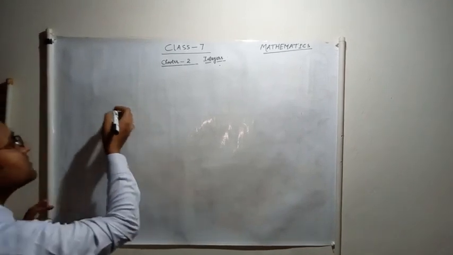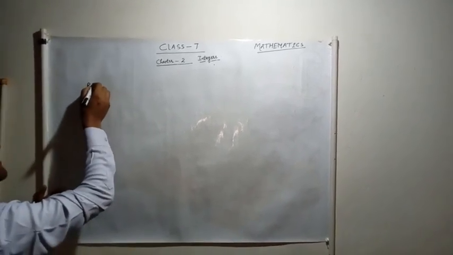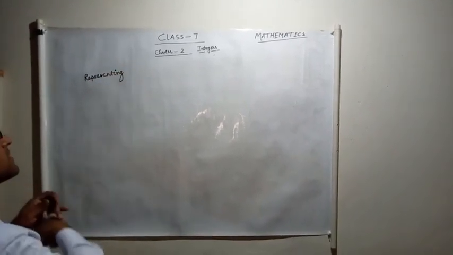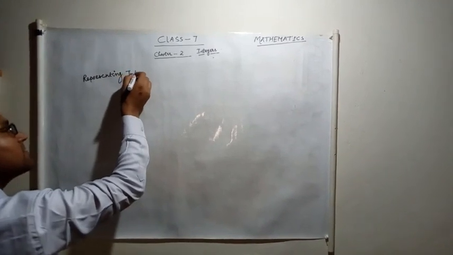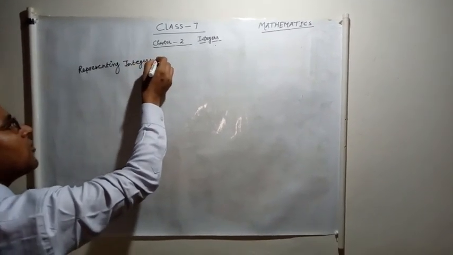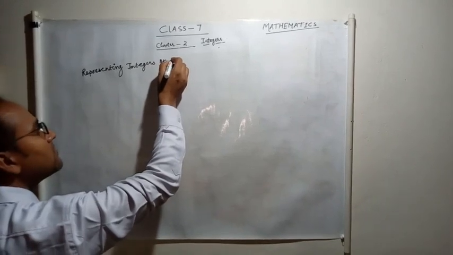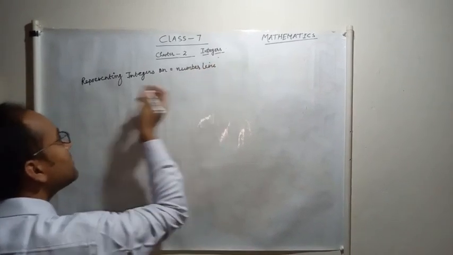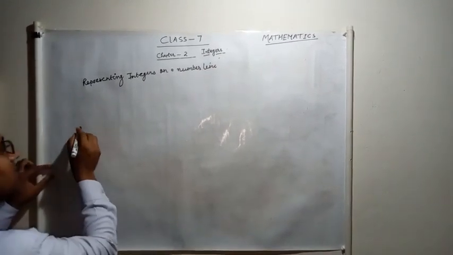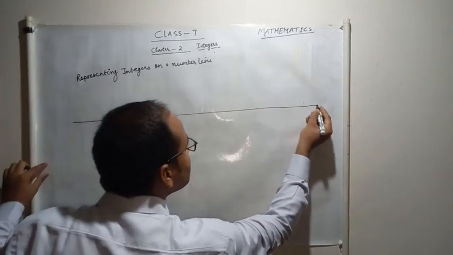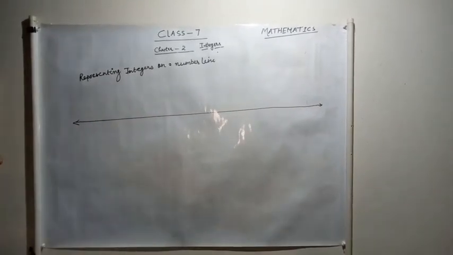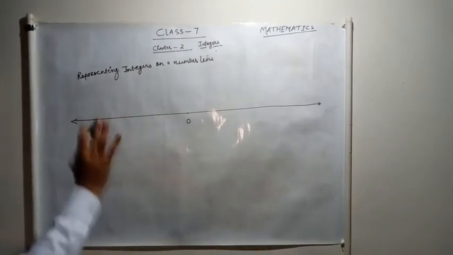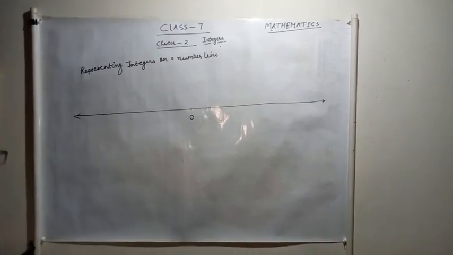Representing integers on a number line. It is very easy. First, draw a line. In the middle, you take 0, the first integer we represent on the number line.